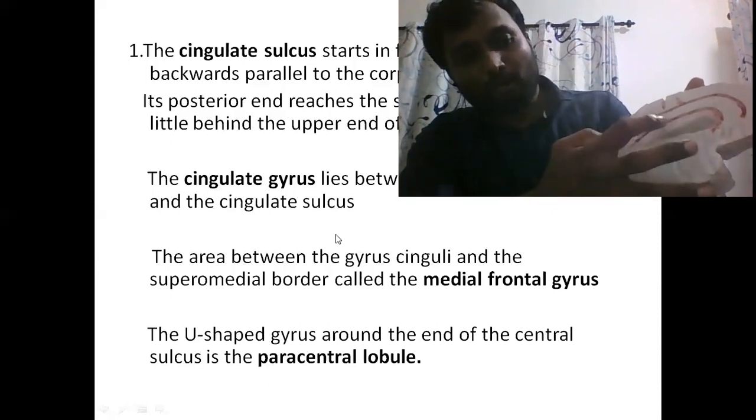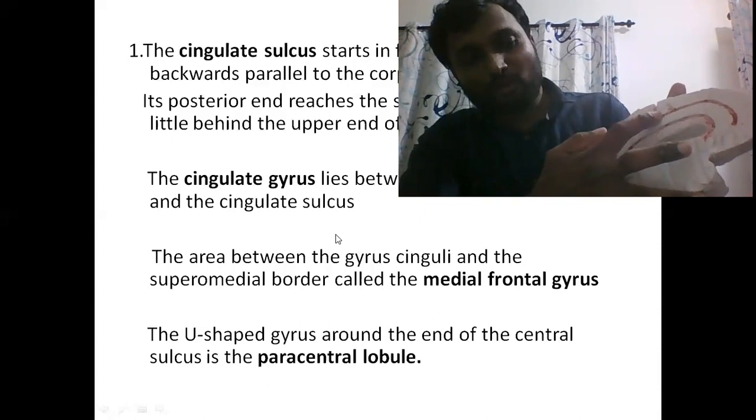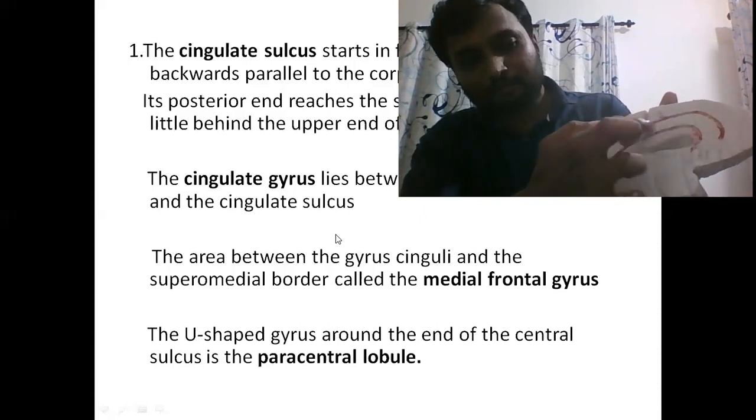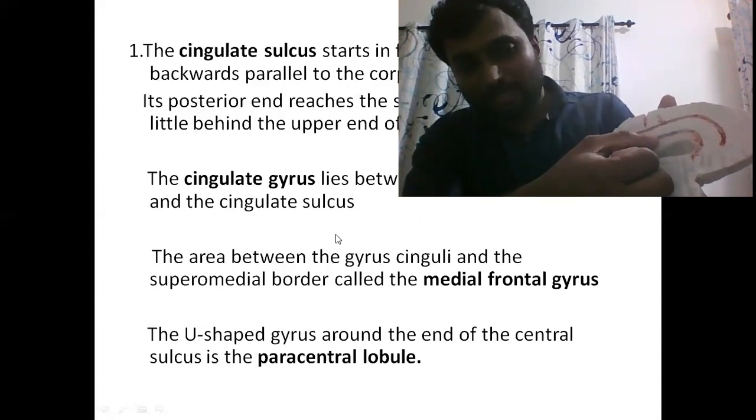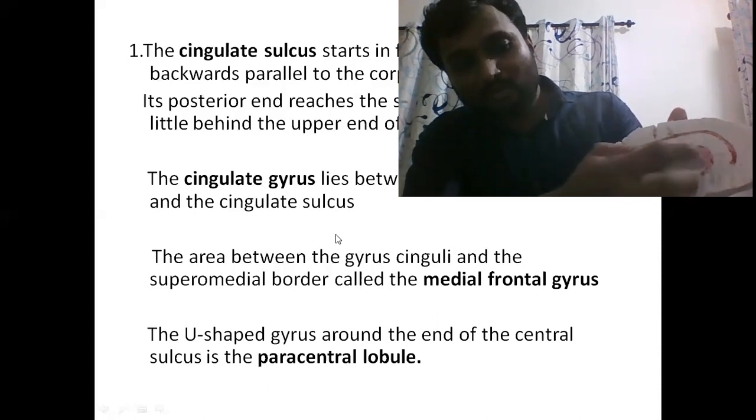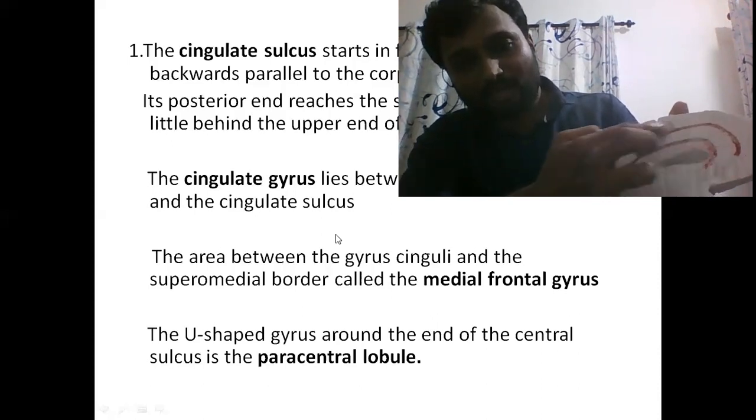Now between the corpus callosum and the cingulate sulcus, we can see a gyrus. Roughly, it is a gyrus seen between the callosal sulcus and the cingulate sulcus.